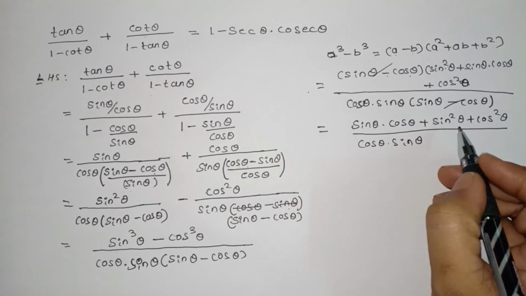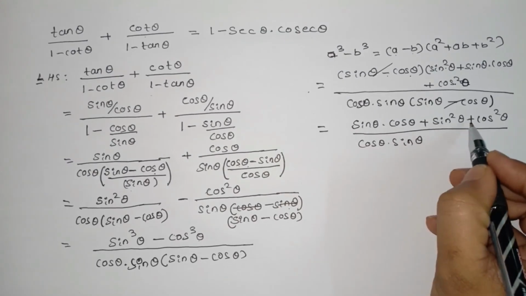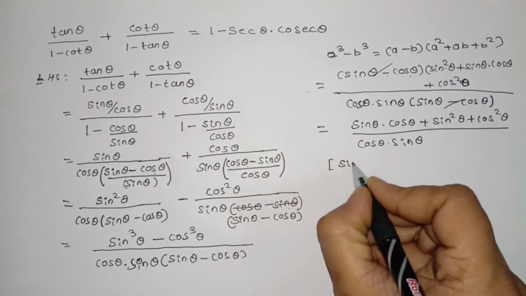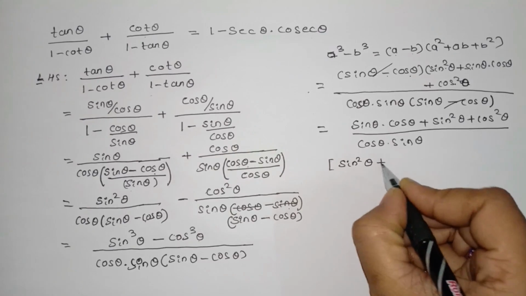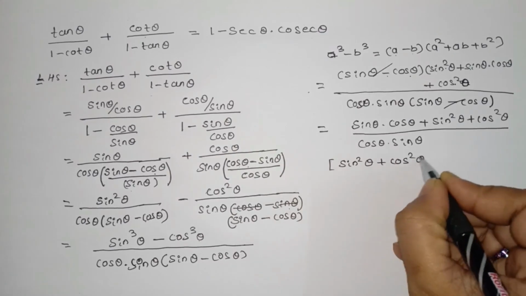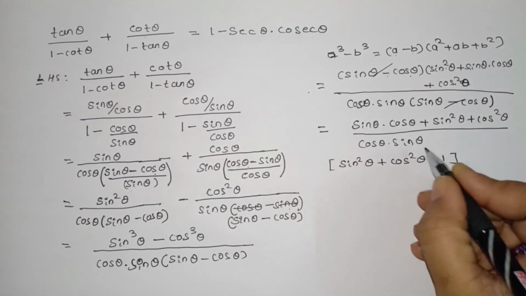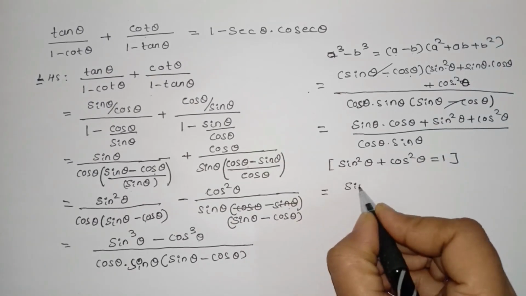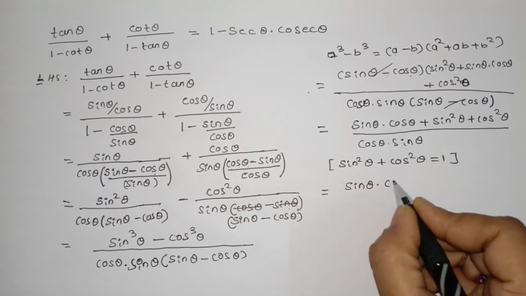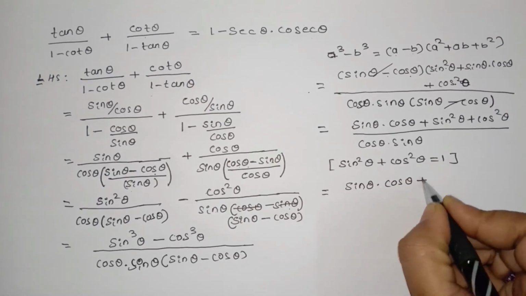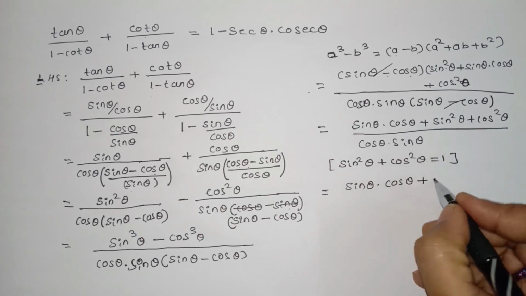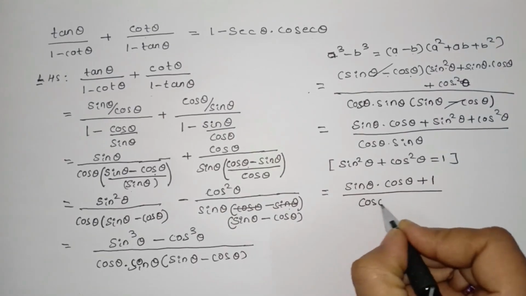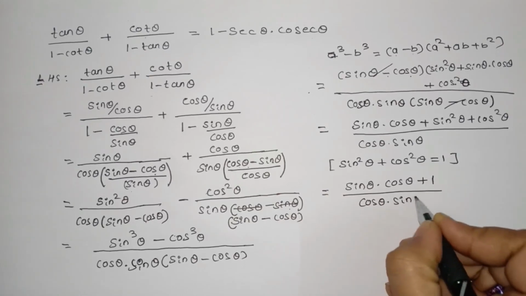Why I have written it like this is because here we can use the identity. We know that sin square theta plus cos square theta is equal to 1. So applying this identity, we get the first term as it is, sin theta into cos theta, plus sin square plus cos square is nothing but 1, divided by cos theta into sin theta.